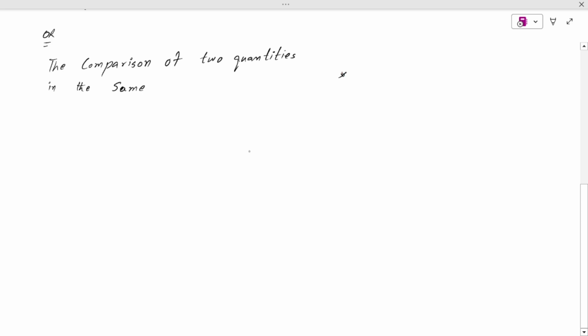Or a ratio can also be defined as the comparison of two quantities in the same units is called ratio.